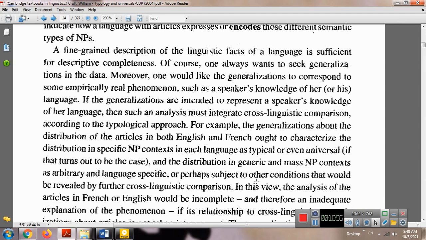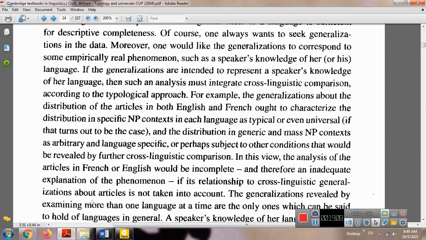And the distribution in generic and mass noun phrase contexts is as arbitrary and language specific, or perhaps subject to other conditions that would be revealed by further cross-linguistic comparison.